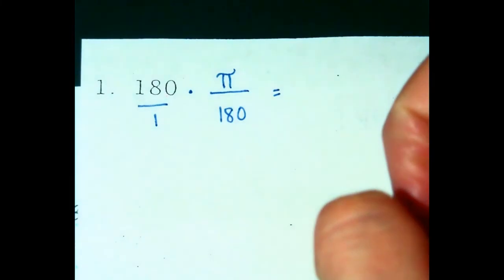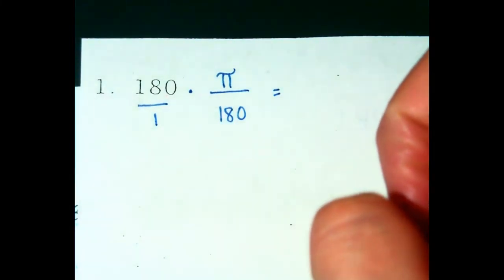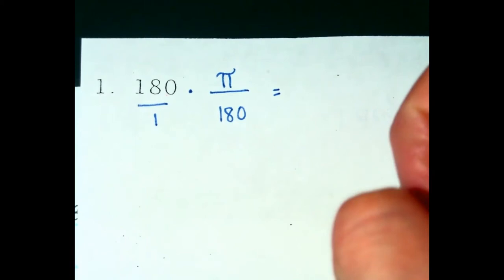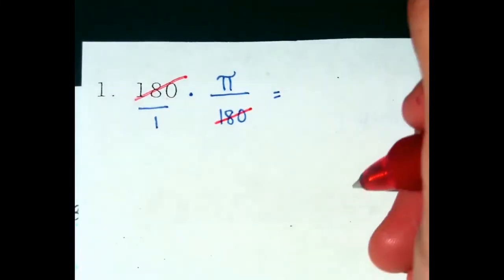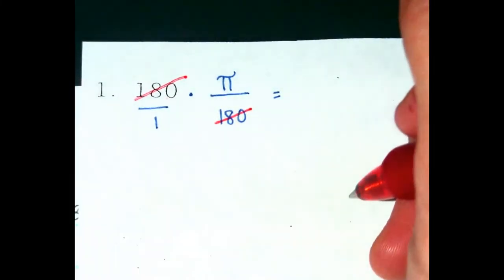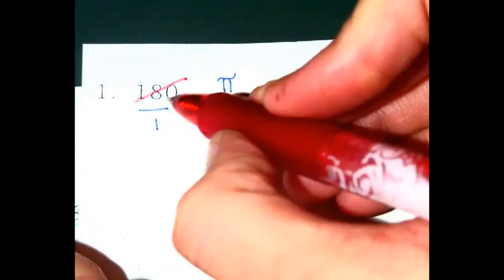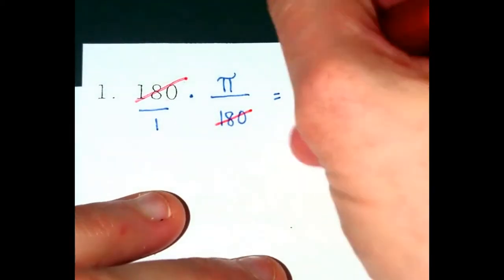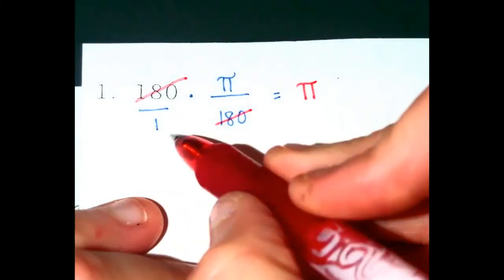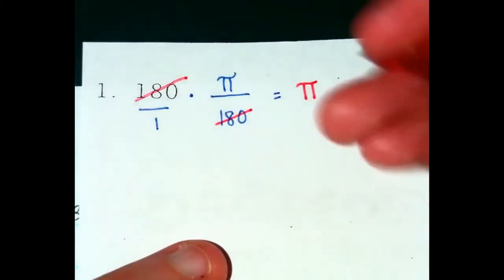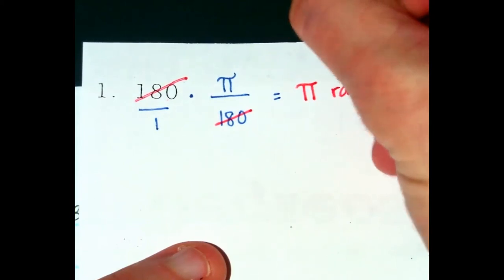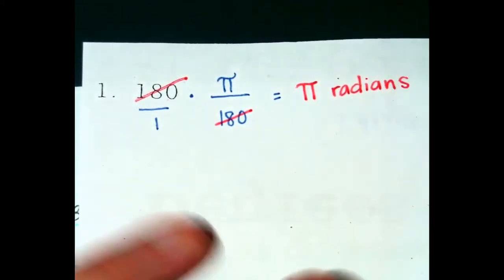You're used to hearing the word cancel, and they do go away, but it's not that they're actually canceling. It's that they're dividing. What's 180 divided by 180? 1, and 1 times anything is itself. So they become 1. Okay, so that means we just have 1 times pi, and we still had that divide, but pi divided by 1 is pi. Pi radians. We're done.